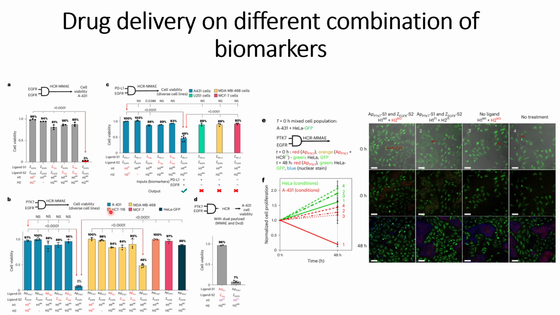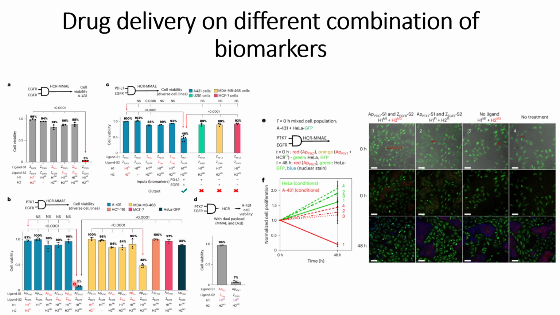And in all the four cell lines, this A431 cell line has the high expressions of PTK7 and EGFR. So they see significant cell death when both the biomarkers' DNA splitters are used, as in this case H1M1 and H2M3.